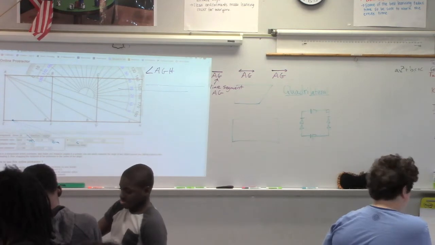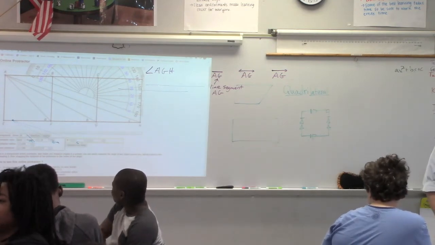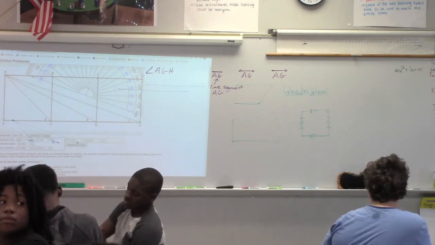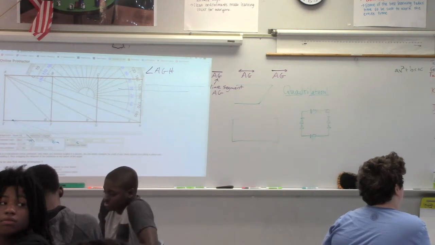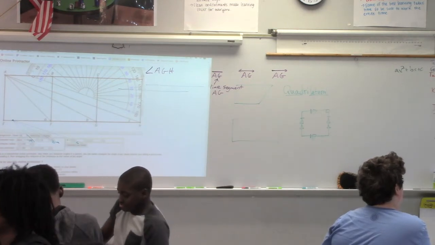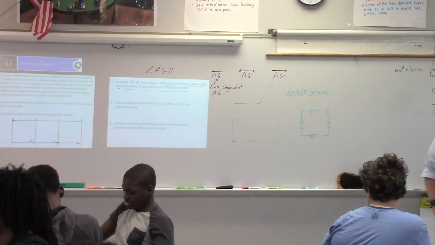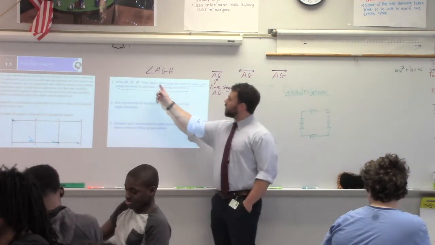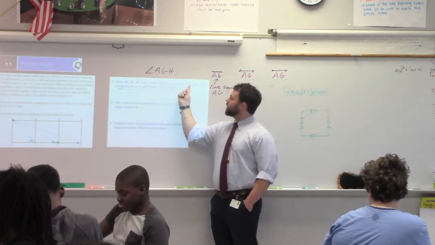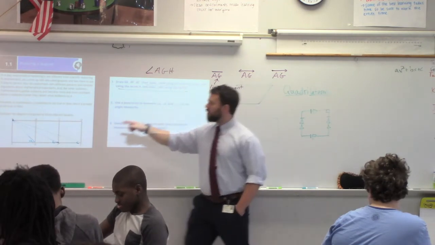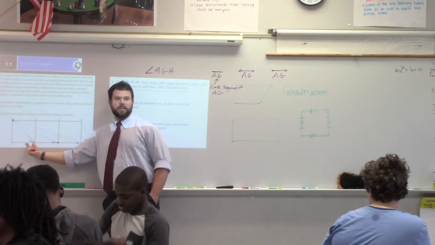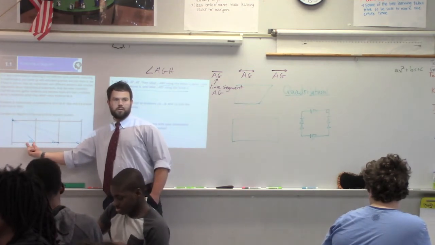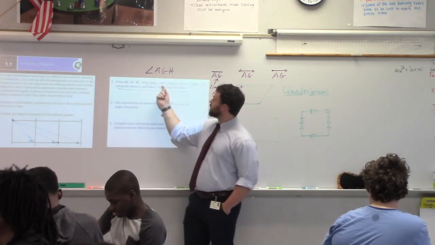Yes, sir? I'm confused, like, how would you put A, G, B, F, and C, E? How to put A to G, B to F, and C to E? Well, no, they told me to label angle AGH using the letter A. So I went to AGH, and so I labeled it using an A, based on the directions.